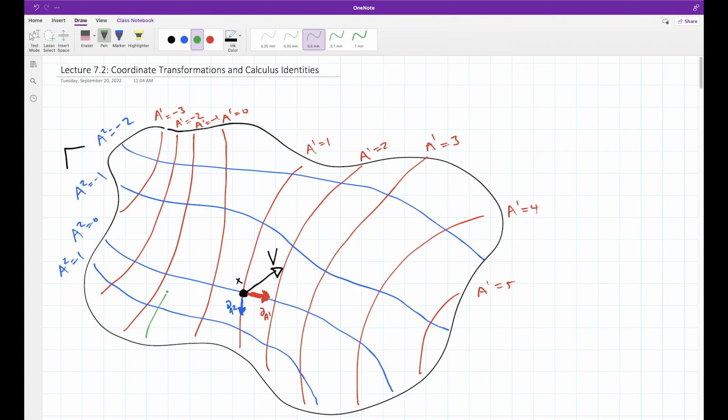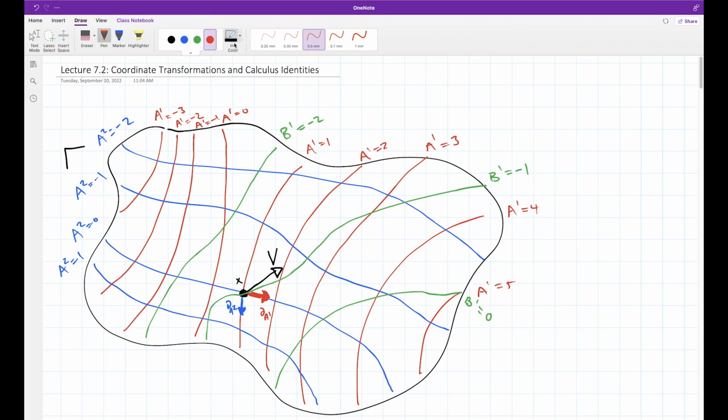So I will do, here's 1, 2, 3. So let's say that this is the coordinate system B1, B2, and this can be B1 is equal to -2, B1 equals -1, and B1 equals 0.